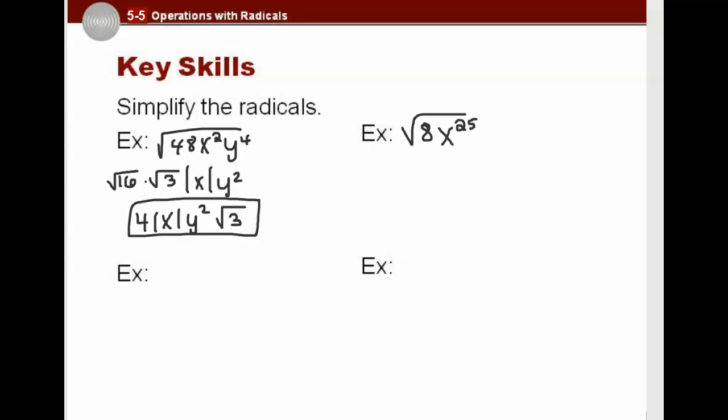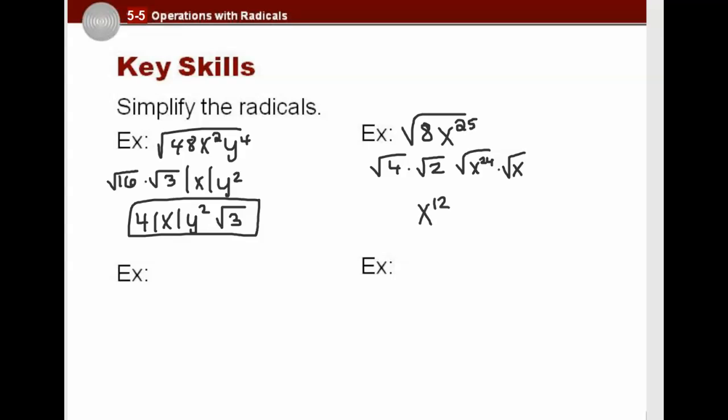So the square root of 8 x to the 25. So 8 is the same as 4 and 2. And then 25 is really like simplifying x to the 24 and x, because 24 is 1 less than 25. So you would divide 24 by 2 to get x to the 12.